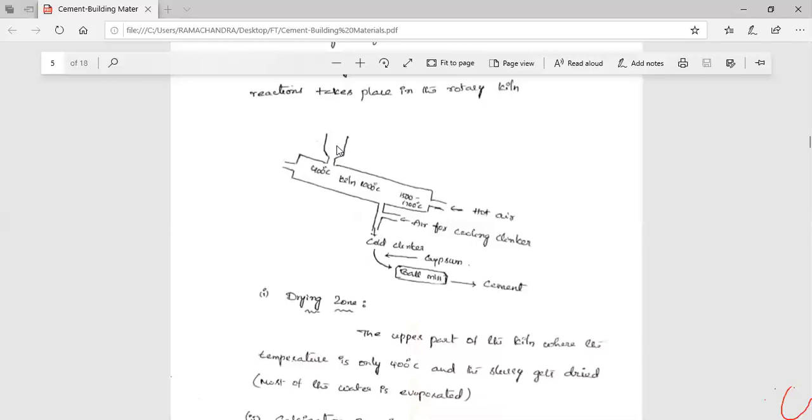In the wet process, we prepare a combination of two components, lime and clay. We prepare the slurry and introduce it at the top of the kiln, where we maintain 400 degrees Celsius. That slurry gets dried at this temperature.